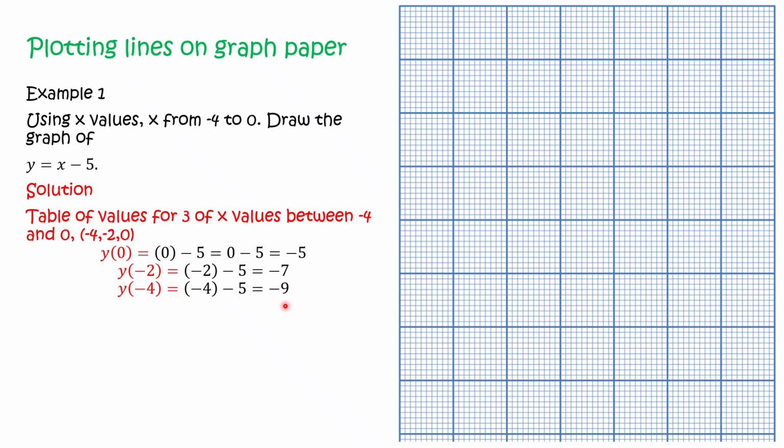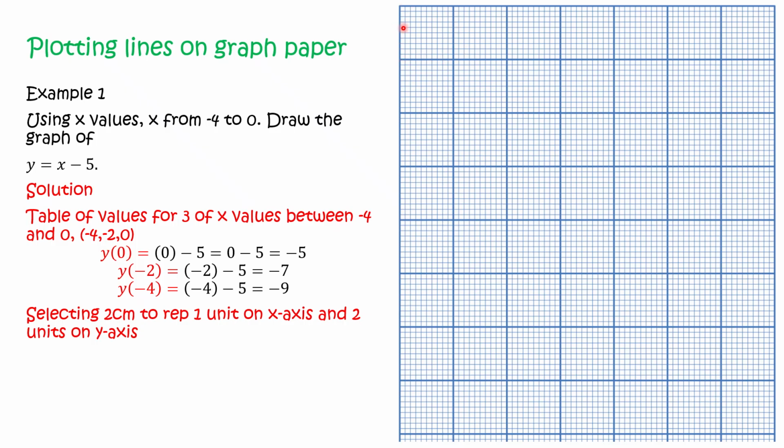Now that we have the x values with the associated y values, we are going to think about the scale to use. According to the graph paper on the right hand side, if we use 2 centimeters, that is one box, the bigger box, highlighted here, 2 centimeters by 2 centimeters.